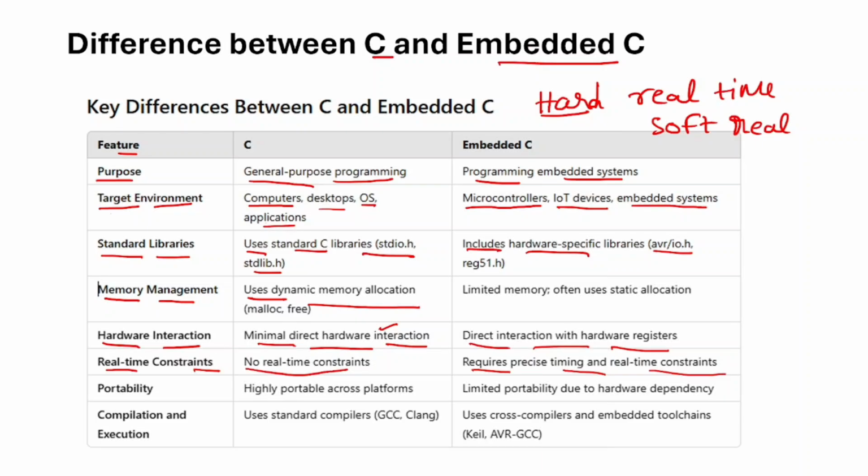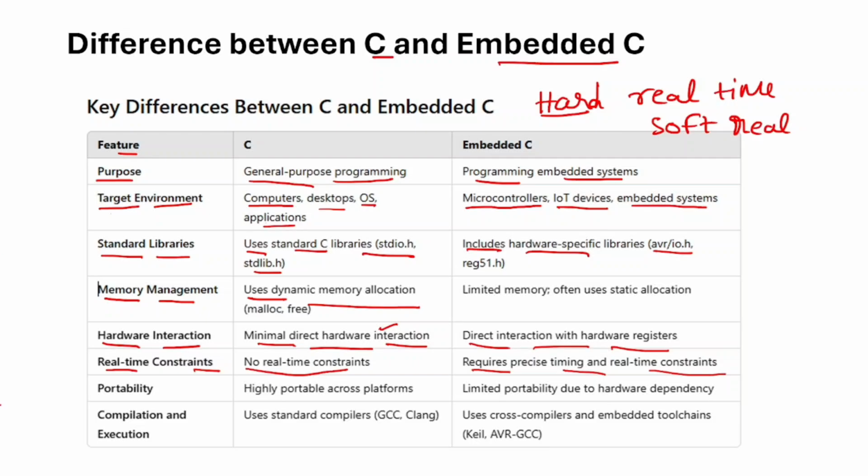Within that time, it should run the code and do the corresponding task we assign to it. If it takes even 1 microsecond more, we consider that system a failure. Soft real-time system means sometimes it may take 1 or 2 seconds more, and that will not affect much.